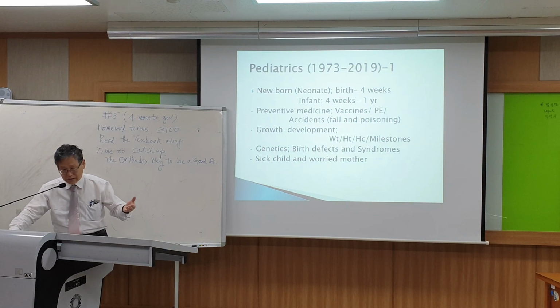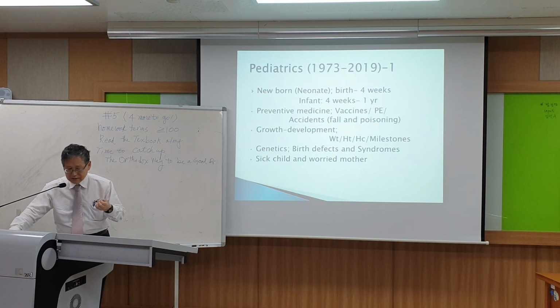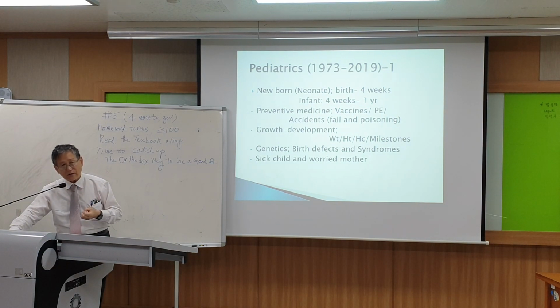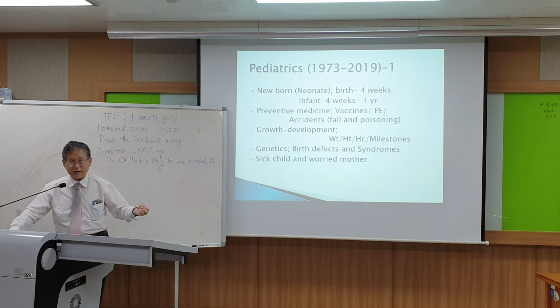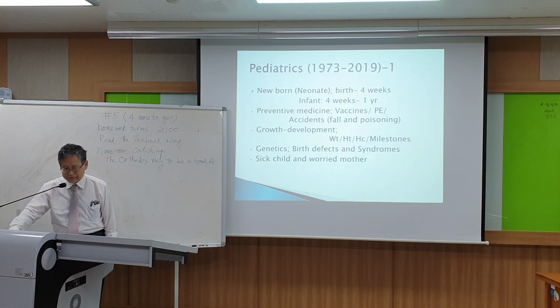Walking, usually about a year, and by that time they have about 6 teeth. So they're counting the teeth and what they do when they put toys together by age 2 years, and then when they grow up, become toddlers, entering kindergarten, they get all the shots and all those different kinds.